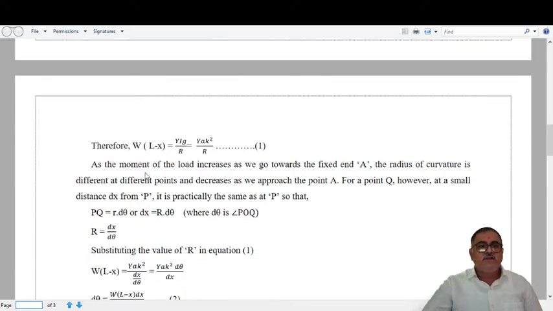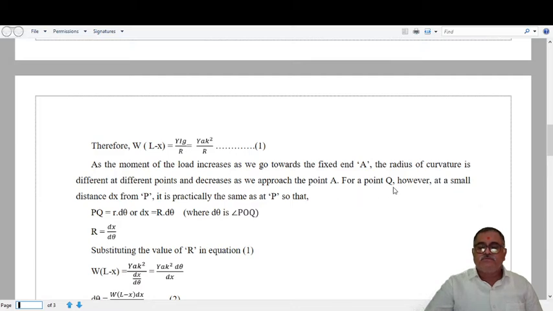Then, as the moment of the load increases as we go towards the fixed end, the radius of curvature is different at different points and decreases as we approach the fixed end.